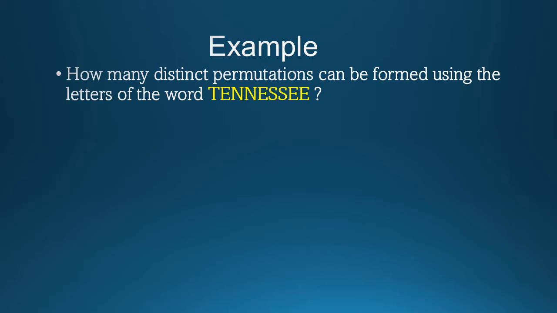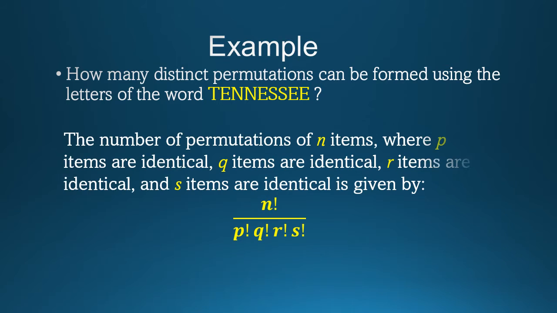How many distinct permutations can be formed using the letters of the word Tennessee? So we're going to use the formula. We're going to increase the variables because Tennessee has 4 distinct letters. Now N is how many letters in the word Tennessee. P how many times T is repeated. Q how many times E is repeated. R how many times N is repeated.